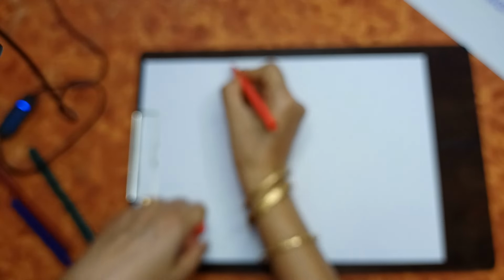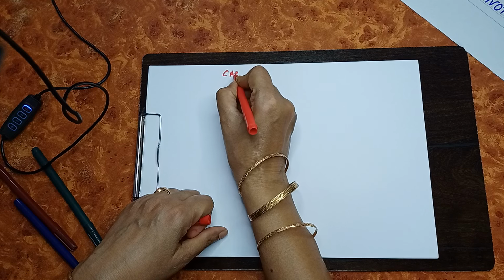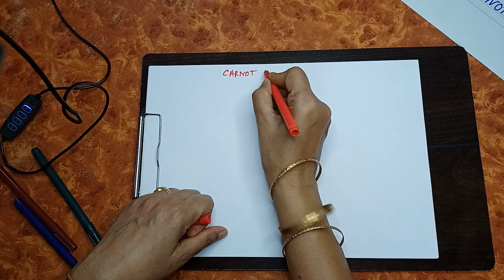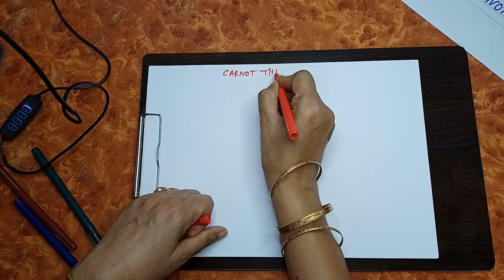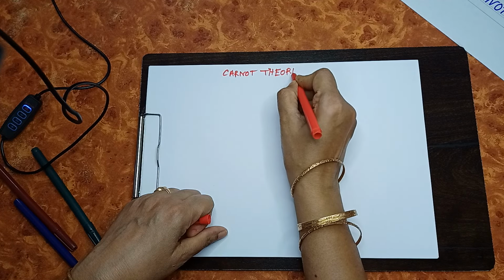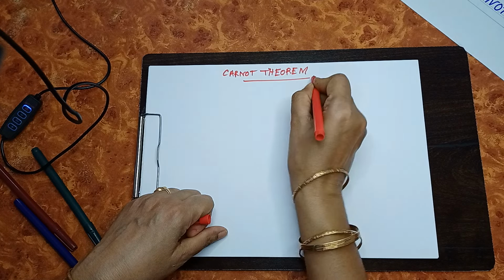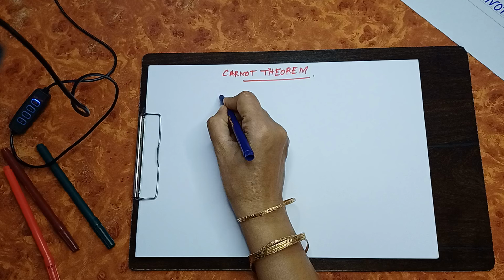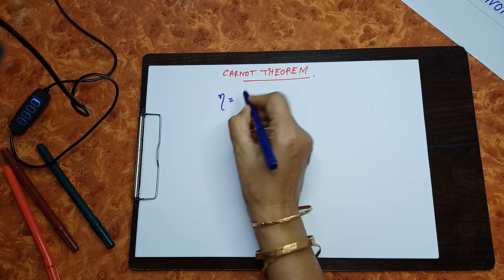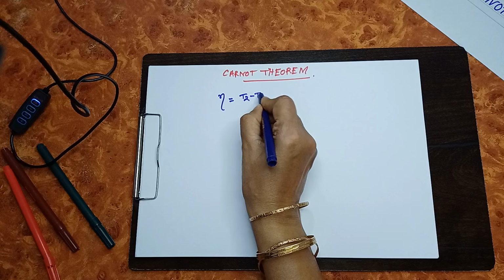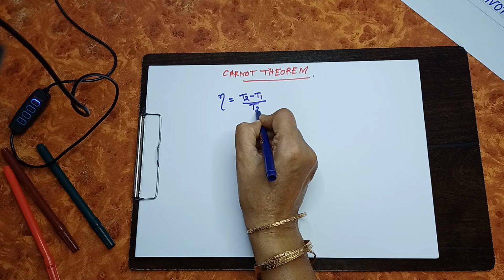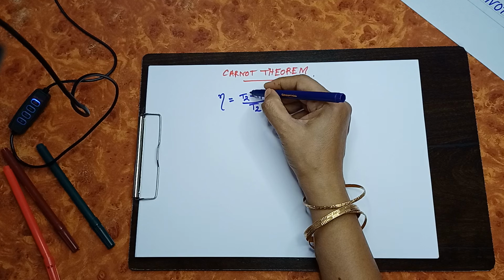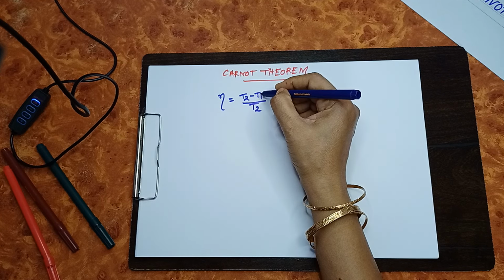So the topic is Carnot Theorem. From the efficiency of the Carnot cycle, we have observed that the efficiency of the heat engine, eta, is equal to (T2 minus T1) by T2, where T2 is the temperature of the high temperature source and T1 is the temperature of the low temperature sink.